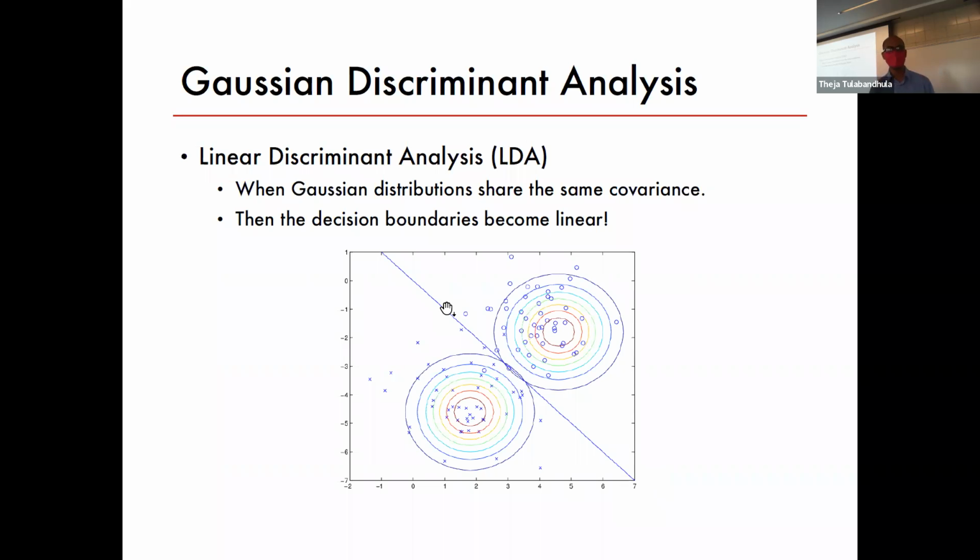That's easy to see here: this is the Gaussian fit to the original data of X's and zeros, circles. You can see that they will intersect in a very symmetric way, so you will get a line which disambiguates these two blobs.